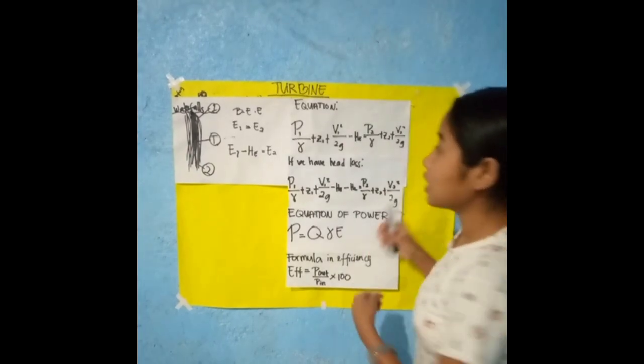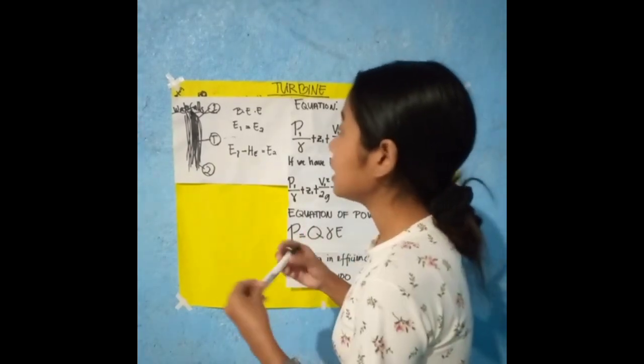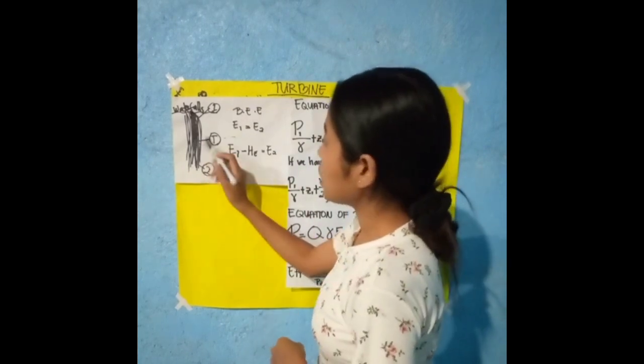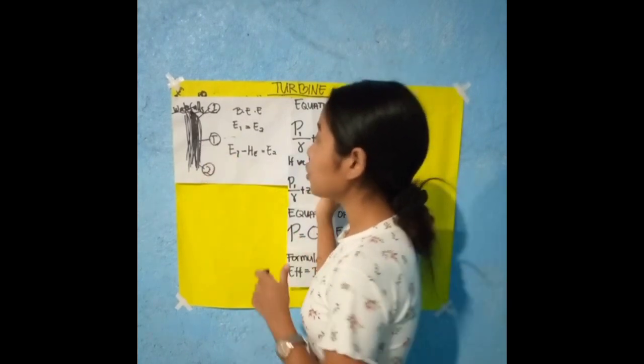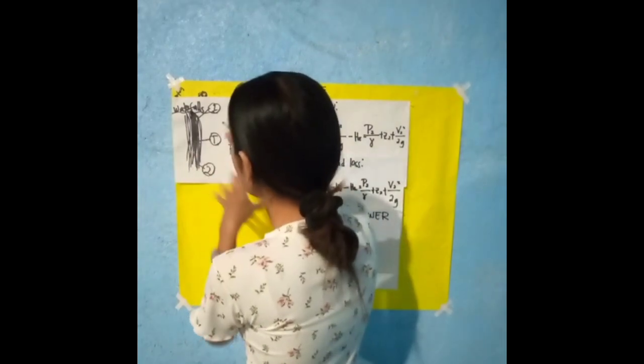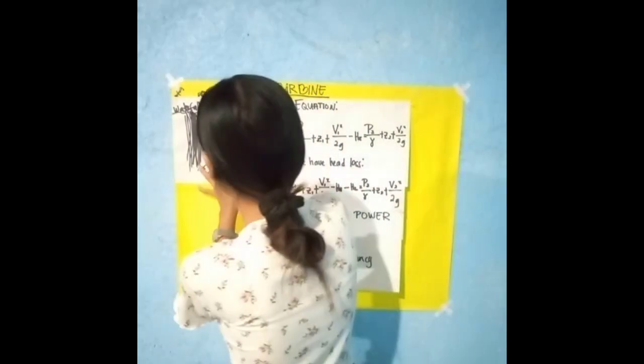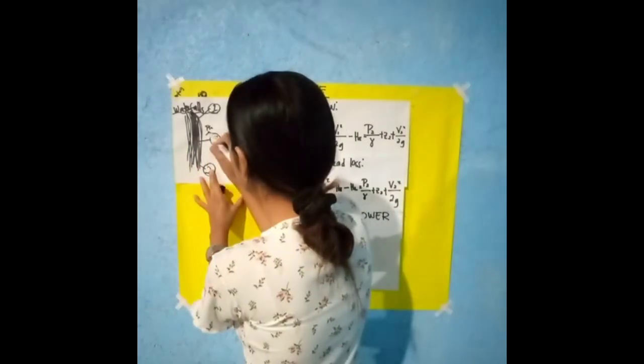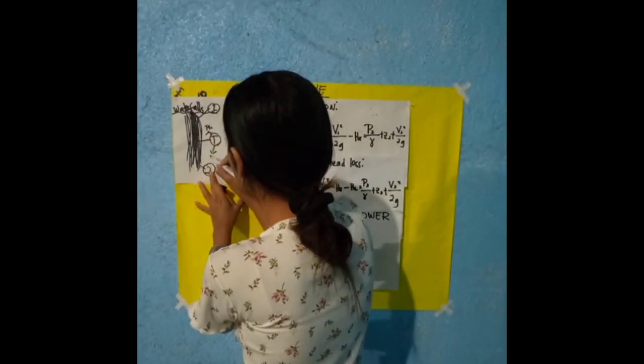So let's go back to our illustration here in the waterfall. We have a turbine here. This is our P in, and this is our P out.